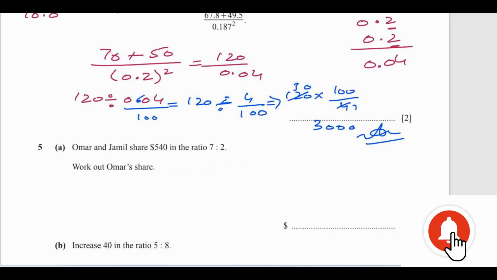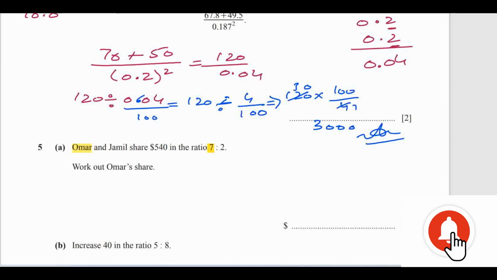Question number 5. Umar and Jamil share 540 in the ratio of 7:2. Work out Umar's share. We have to see that the keyword Umar is at the first place, so his ratio will also be 7.